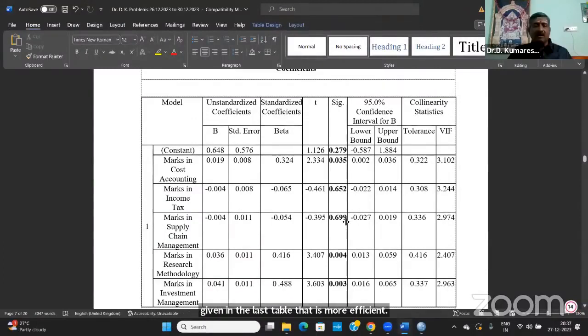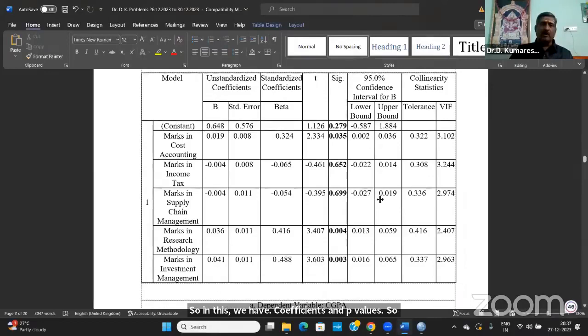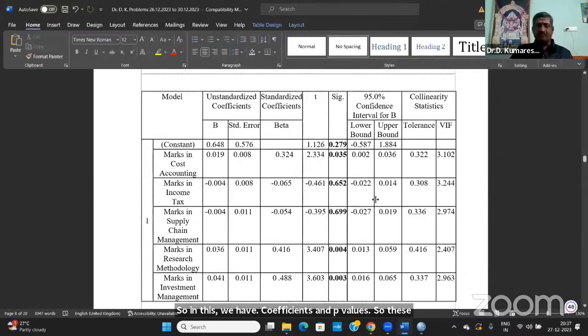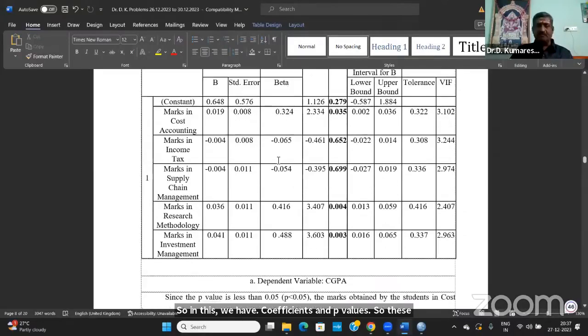So in this, we have coefficients and p-values. These values denote that there may be positive and significant impact, negative and not significant impact.